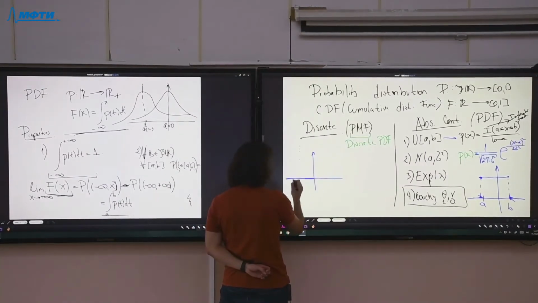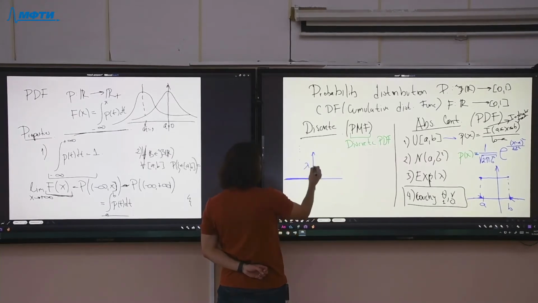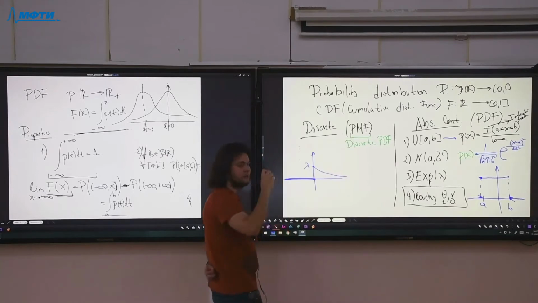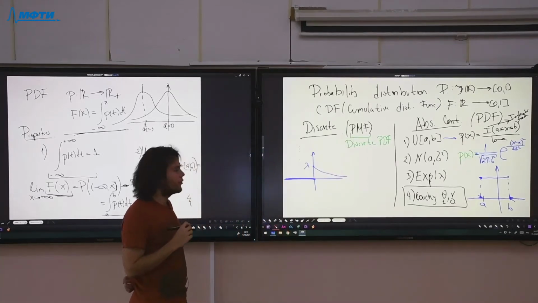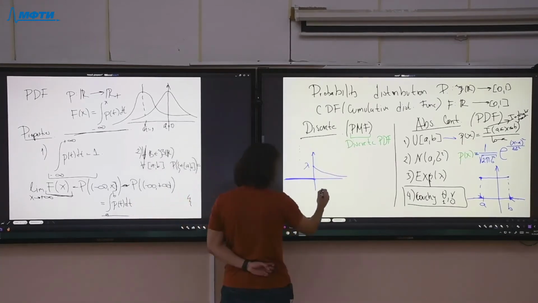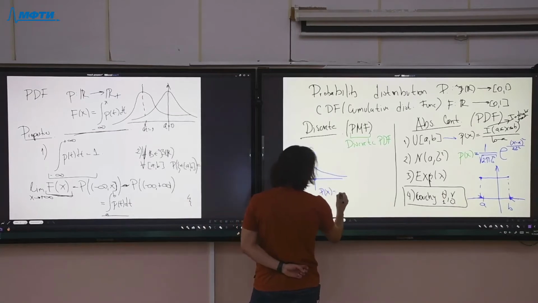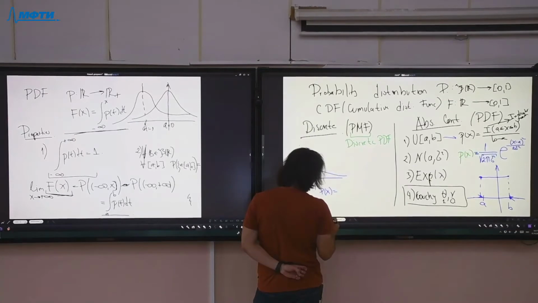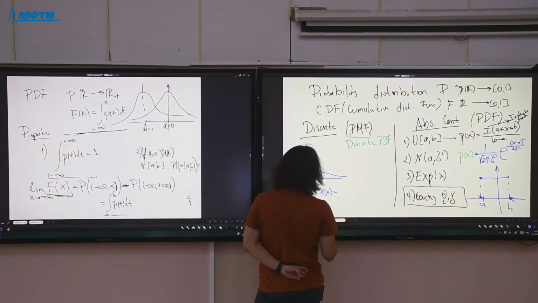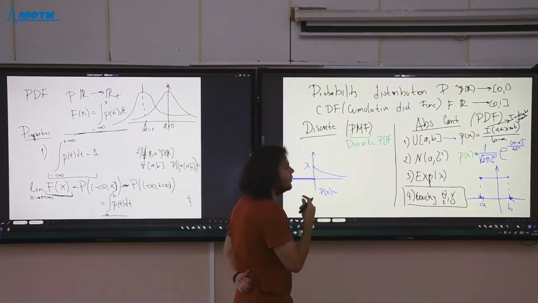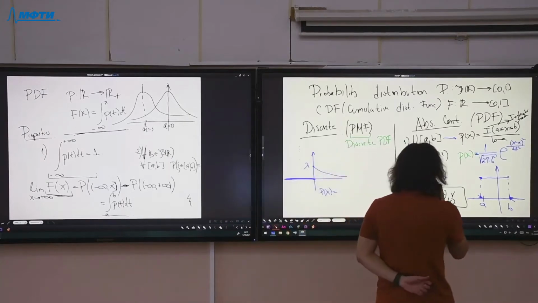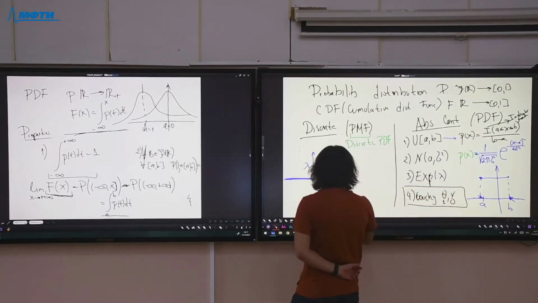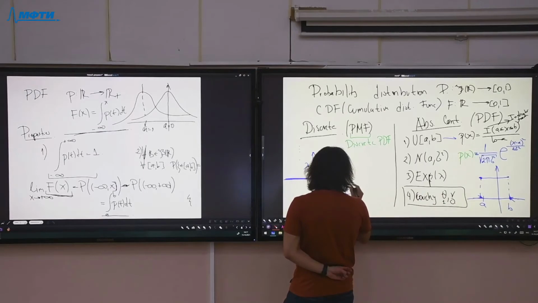So it starts at 0, and at some moment here, at lambda, it's going to be like this, right? This is the PDF for the exponential distribution, and the function is lambda e to the minus lambda x.